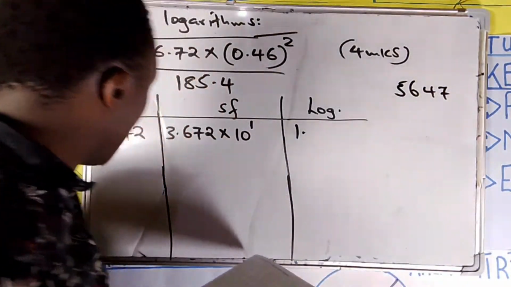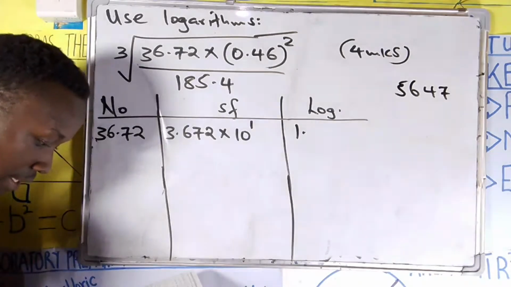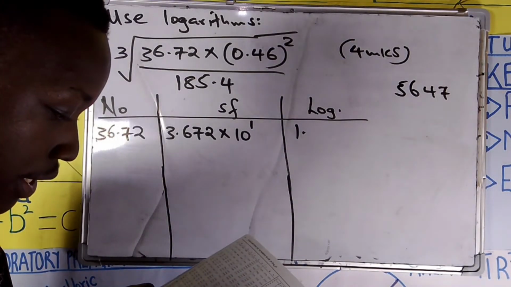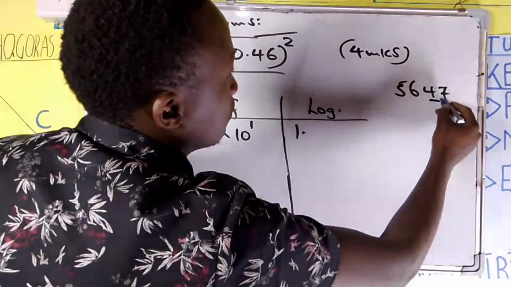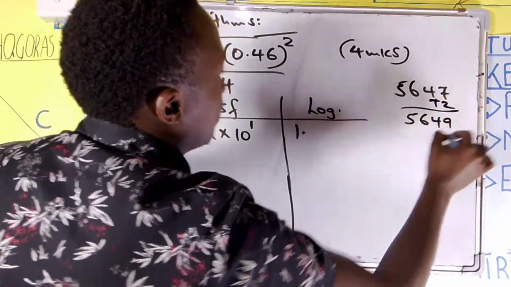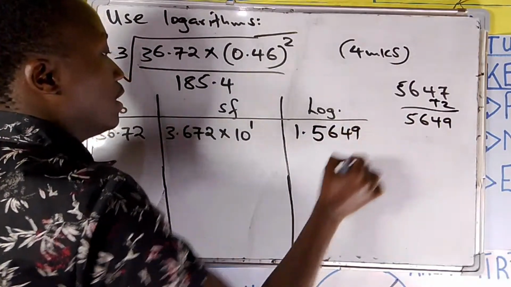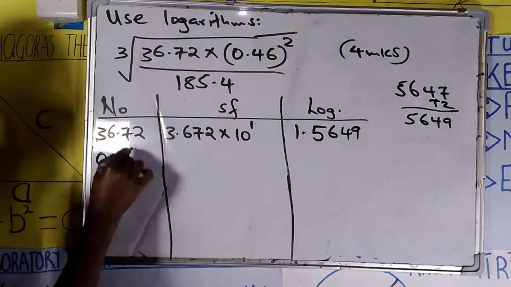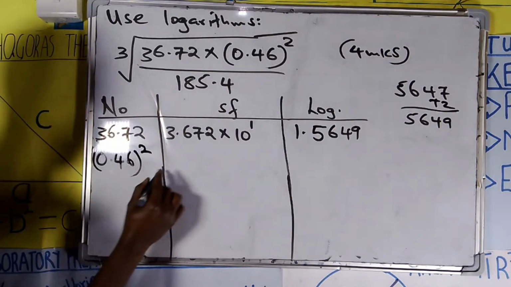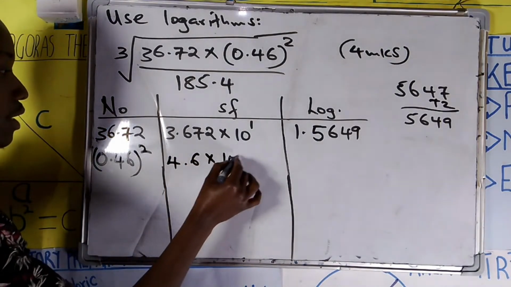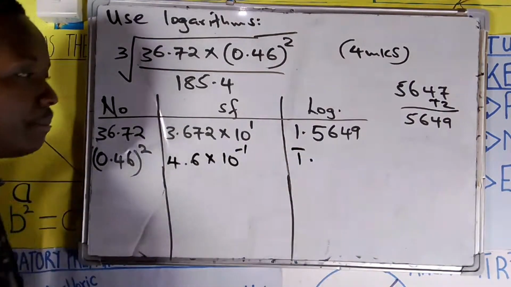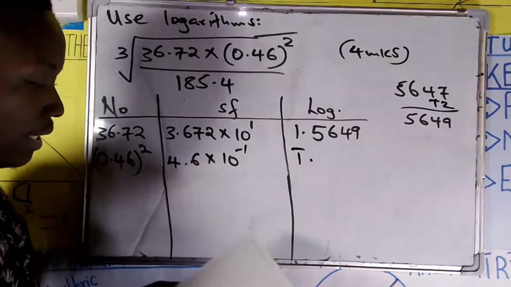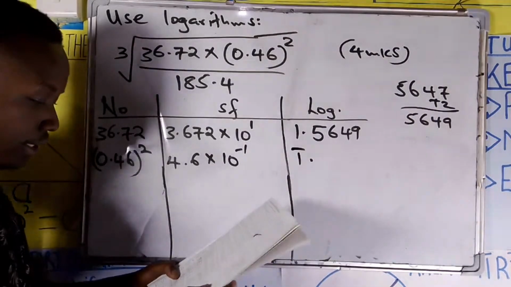Then the 2 at the end will be plus 2. So it will be 5649. Then this one will be 0.46 squared. The standard form is going to be 4.6 times 10 to power negative 1. And the logarithm will be bar 1 point. The logarithm of 4.6 is 6628.